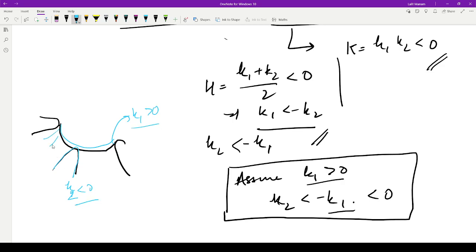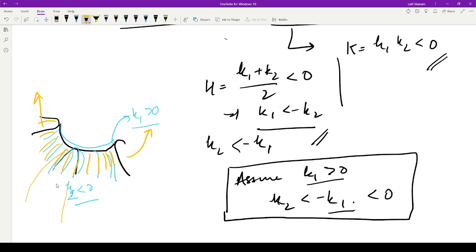So your surface will look like this. This is the whole surface out here, and the backside will look like this. Do you get it? It's like a half cut pipe, but it's tilted in such a way that this part is going upwards, and here the curves are going down.